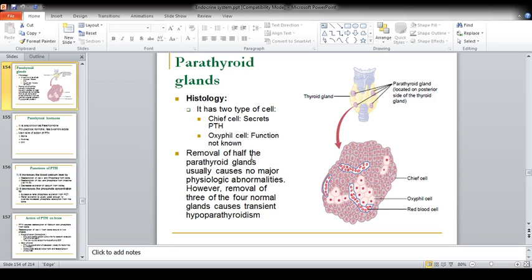Removal of half the parathyroid glands usually causes no major physiological abnormalities. However, removal of three or four of the normal glands would cause transient hypoparathyroidism.